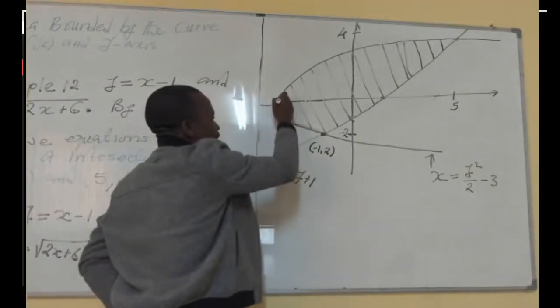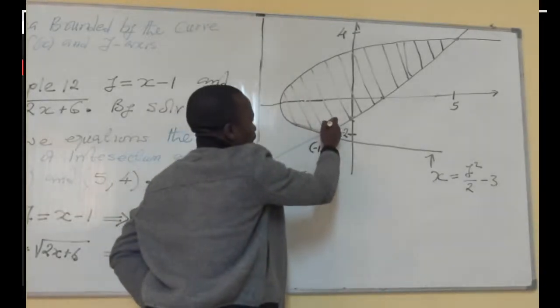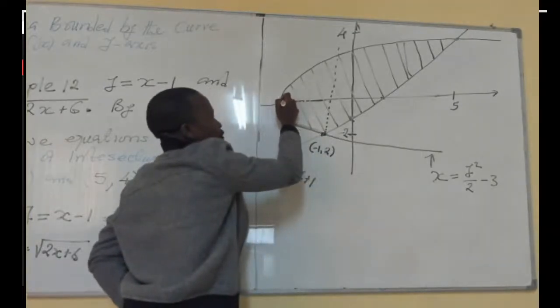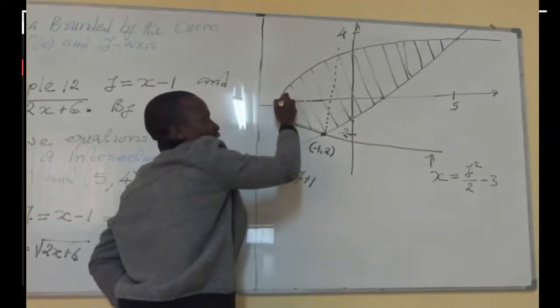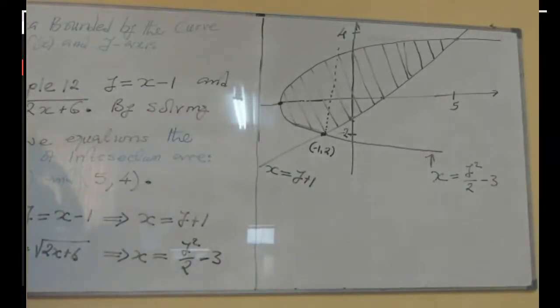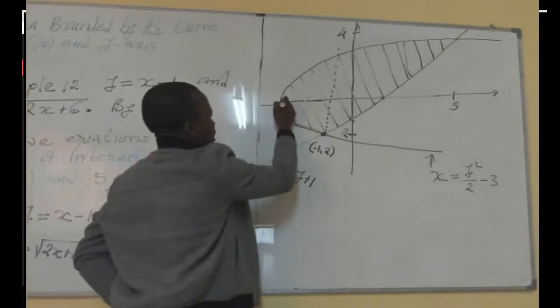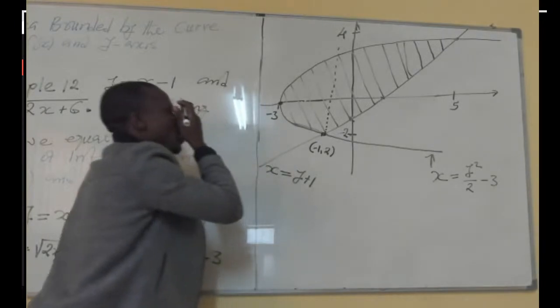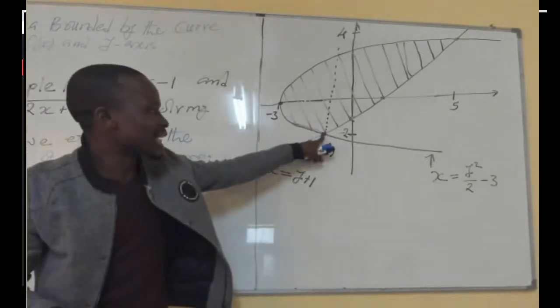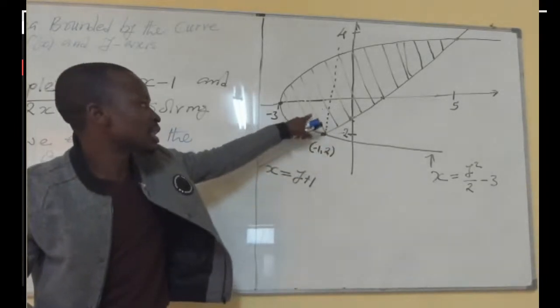If you draw a straight line here, you also have to find the x coordinate where it crosses when y is equal to 0, so x is equal to negative 3. So from negative 3 to negative 1, you have both down and up.